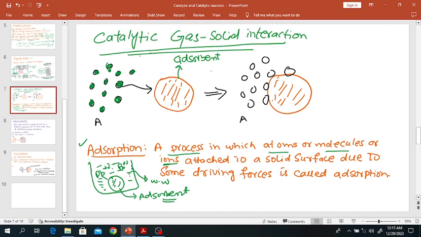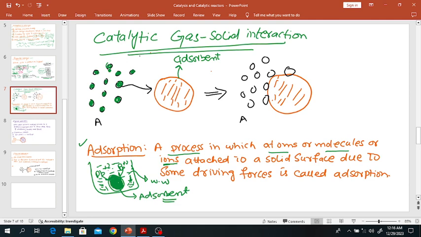These lead ions will attach to the surface of the adsorbent due to a driving force, and the driving force here is concentration. The concentration of lead in this place is very high, and inside the adsorbent the concentration of lead is very small.